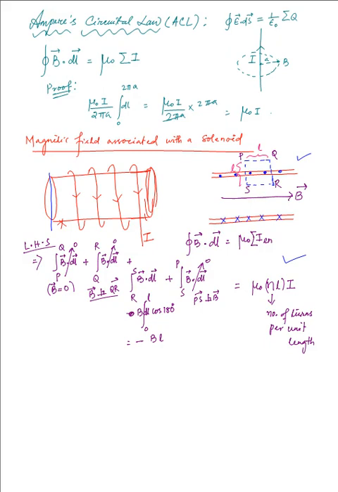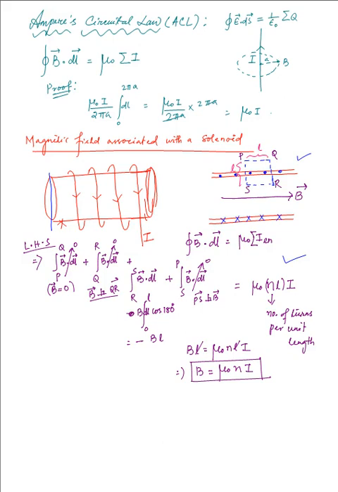Now we wish to calculate the magnitude because we know the direction of the magnetic field. So magnitude wise we can say that B times L is simply mu naught nLI. The L's get cancelled. It doesn't matter what the length of the given Amperian loop is. All that matters is mu naught times n times I, that is the current, as well as the number of turns per unit length.